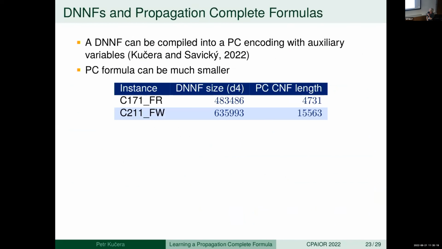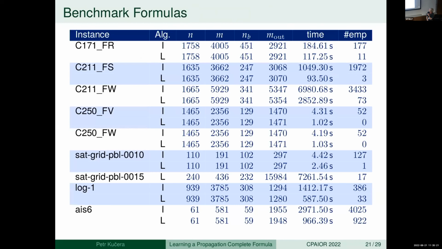And for C211 the difference is even bigger. The hardest part, and sometimes a quite non-trivial amount of the time, is just checking at the end that the formula is really propagation complete.